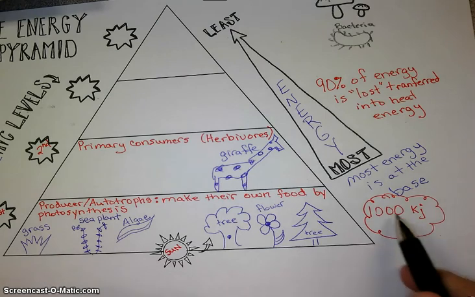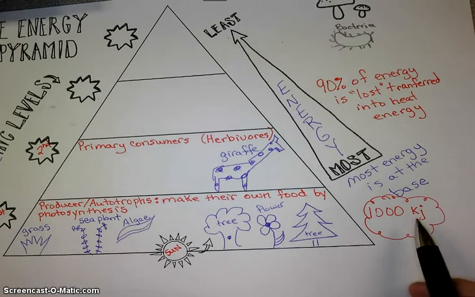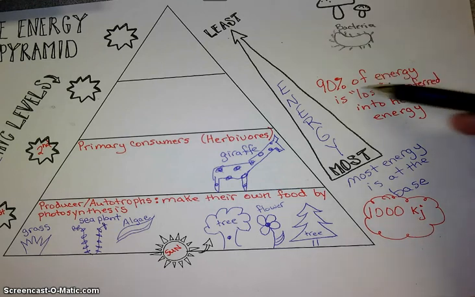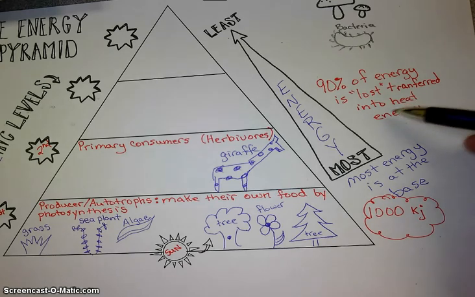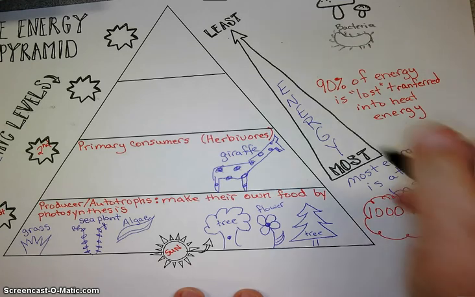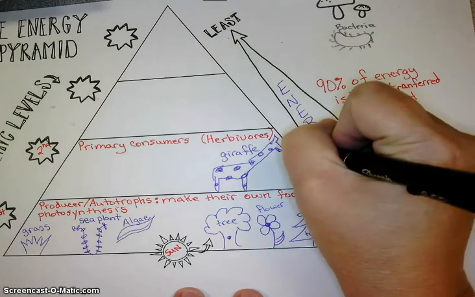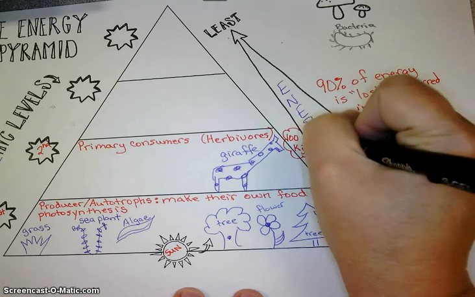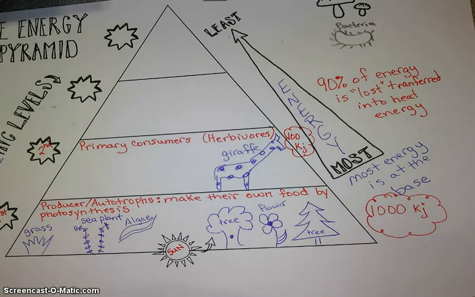That giraffe's not going to get to pass on 1,000 kilojoules of energy, because 90% of that is going to be used up as waste and heat. And so what's left after 90% is gone? Well, 10%, right? So 10% of 1,000, I would just move my decimal over to the left one place, and I would have 100 kilojoules of energy on the second trophic level.